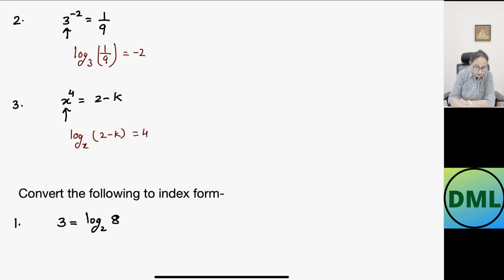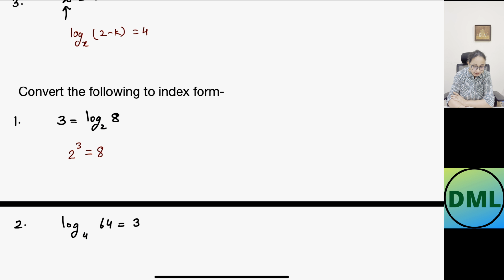Is 2 cube 8? Yes. This is our index form, in which this is the base we have, which is here. The value we are figuring out for the logarithm is 8 and my answer is 3. So if I convert this logarithmic form into the index form, this will become 2 to the power 3 is equal to 8.